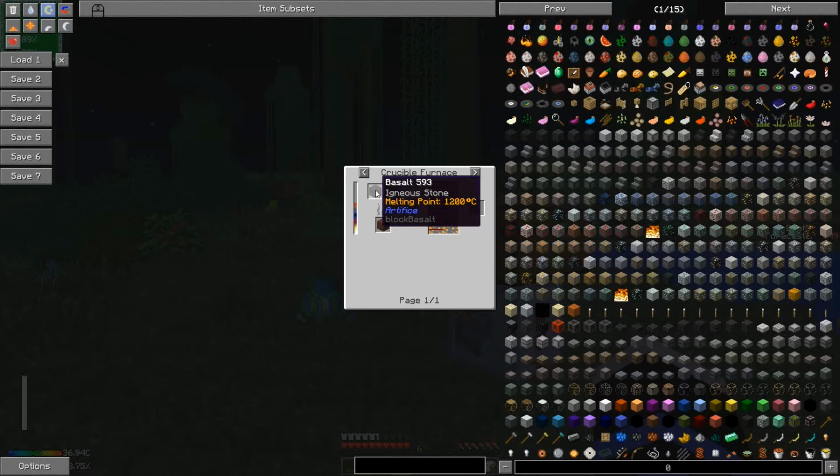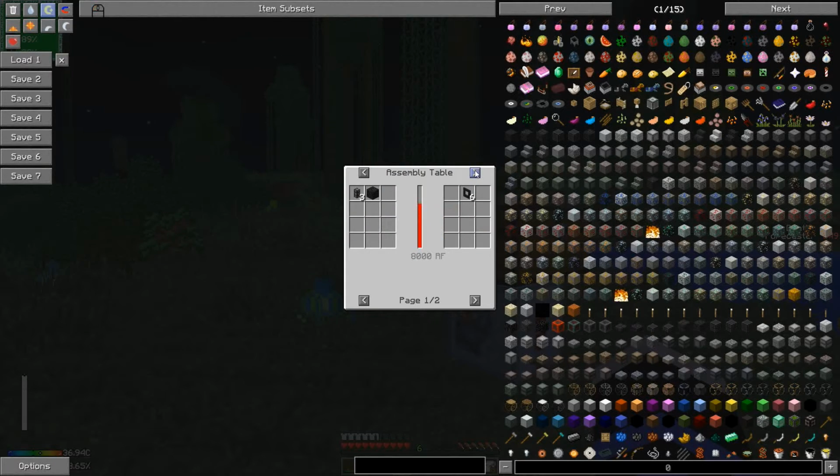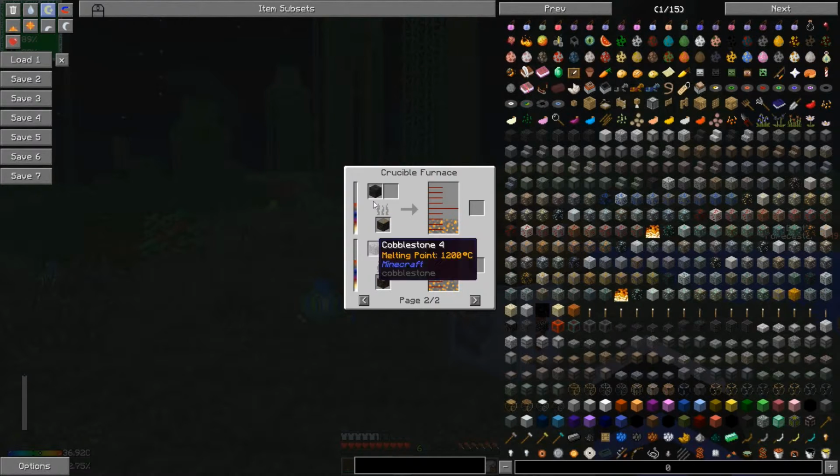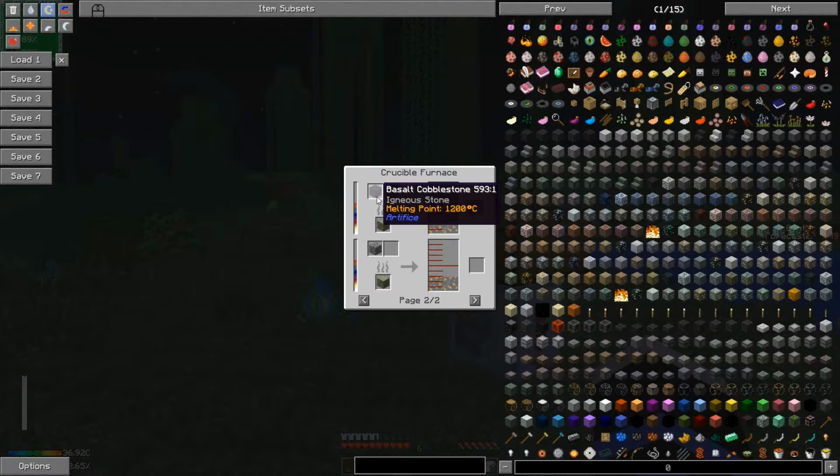So I've added recipes for melting down basalt and regular stone. Now, technically, you shouldn't be able to melt down regular stone into this because it should only be basalt. But for now, I'm having these in here because I don't know if I'm going to run out of basalt if I decide to use this at some point.